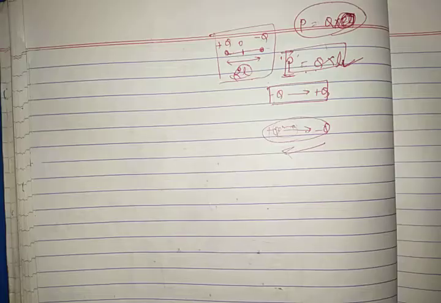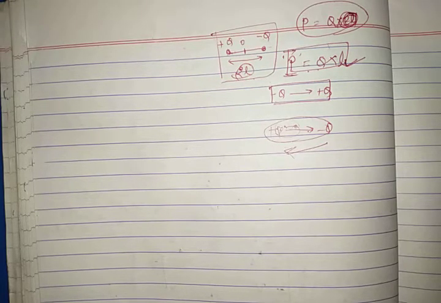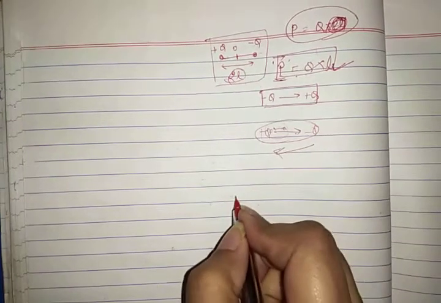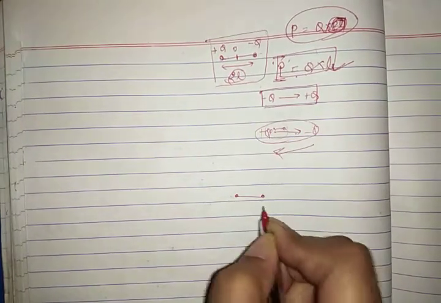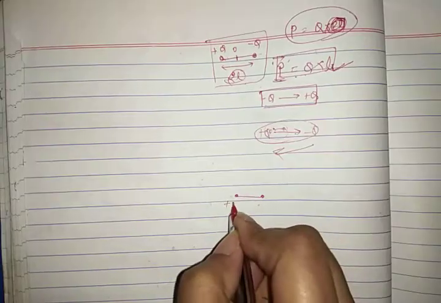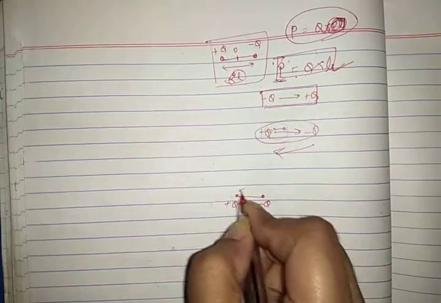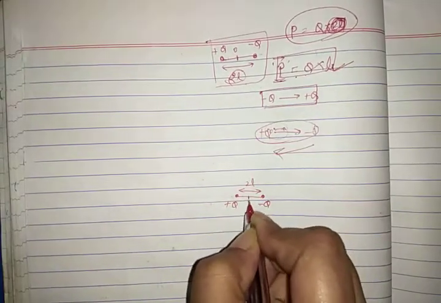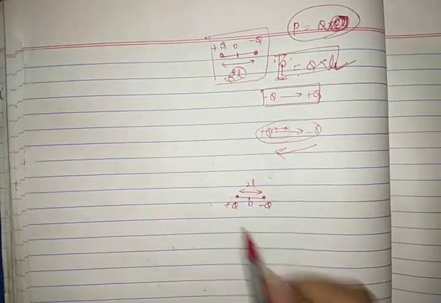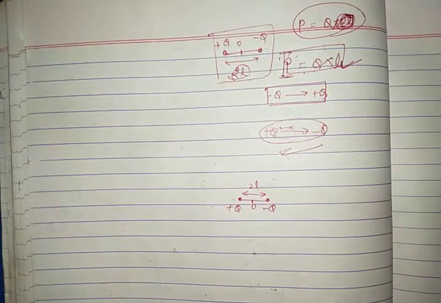Now today's topic is how we determine the electric field intensity due to an electric dipole. That means if there is a dipole arrangement, plus q, minus q, and the length is 2L, this is the origin point. So due to this, how do we measure the electric field intensity?